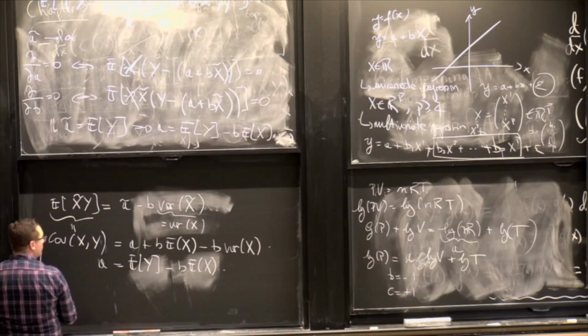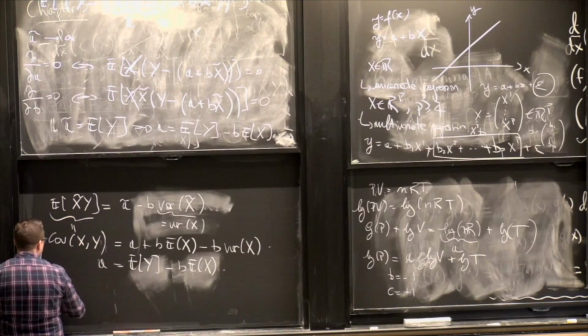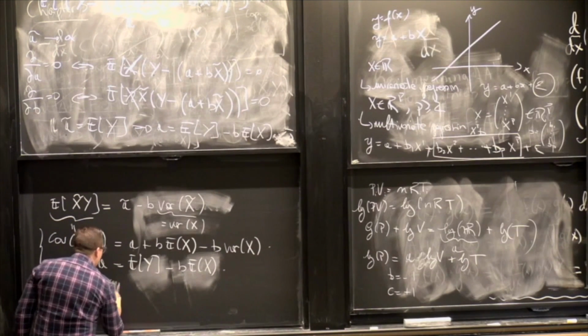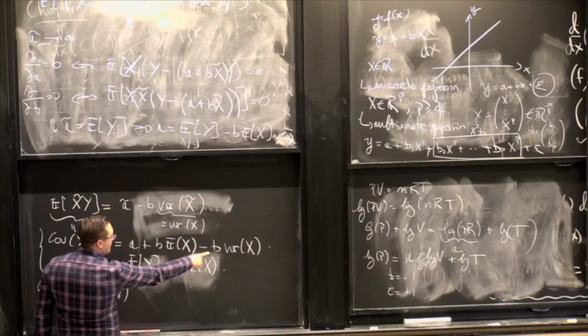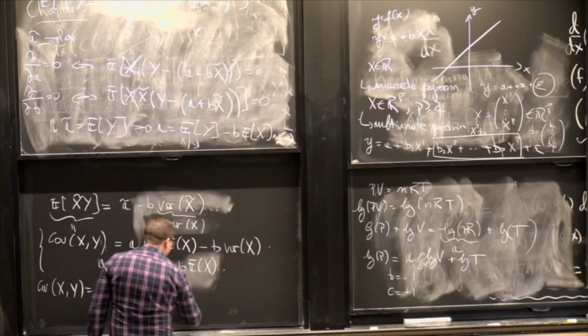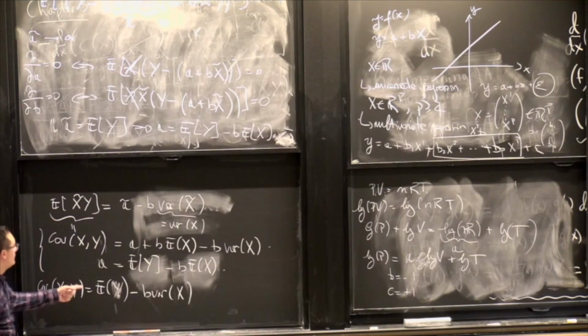And so what I'm going to be left with is covariance of xy is equal to expectation of x, expectation of y, and then I'm left with this term here, minus b times the variance of x. And so that tells me that b, why do I still have the variance there?